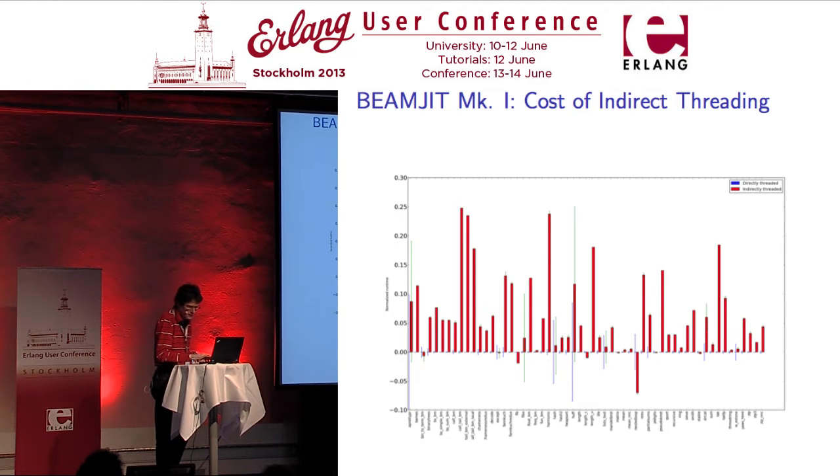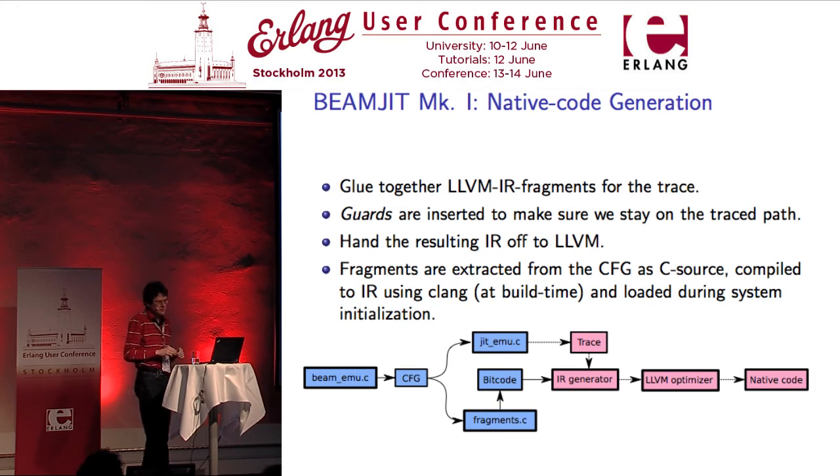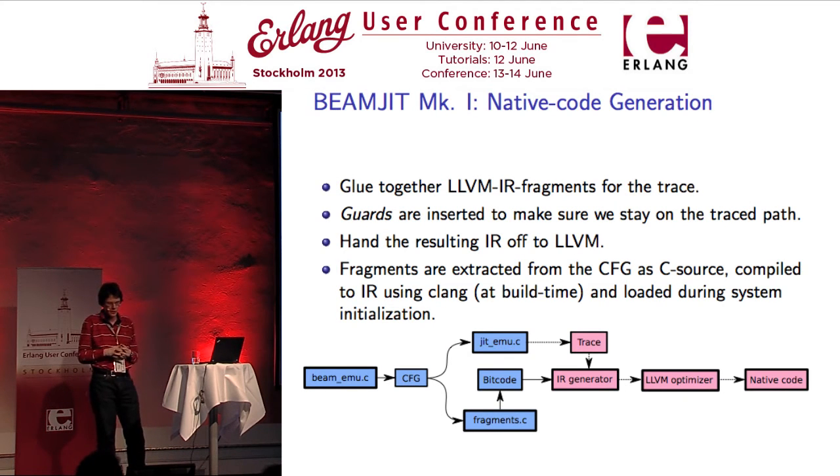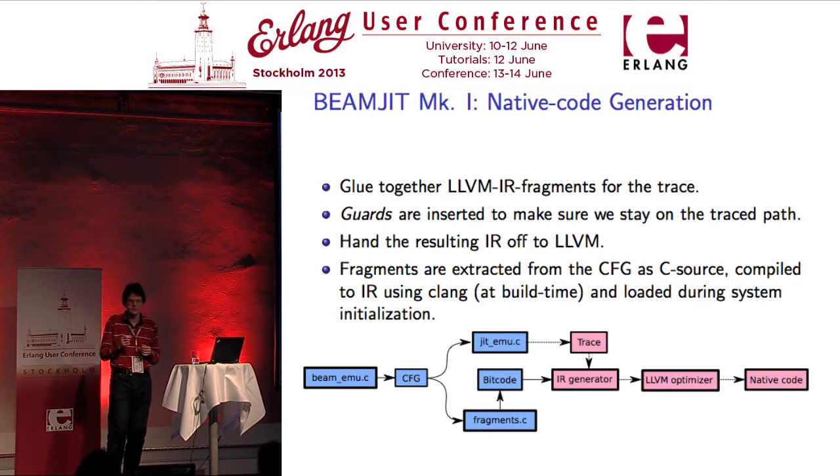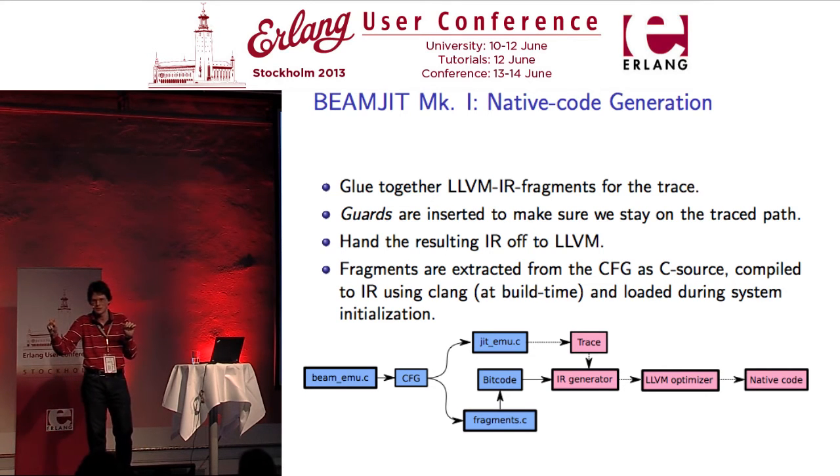Now to native code generation. We generate our native code by just gluing together IR fragments that correspond to the basic blocks we have traced. And when we do that, we have to insert guards to make sure that we actually follow the trace we have traced.